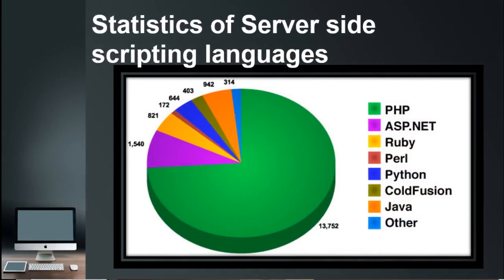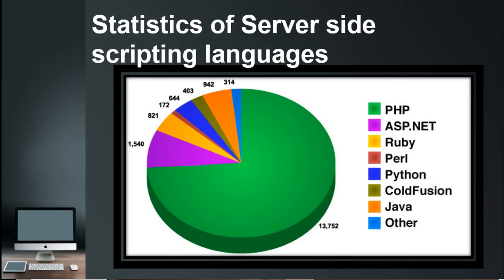And here you can see the statistics of other server-side scripting languages. PHP occupies the top position. 78.9% of the websites are developed using the PHP scripting language. And these are the other server-side scripting languages: ASP, Ruby, Perl, Cold Fusion, Java, and many others, Scala, Python, Erlang, etc.